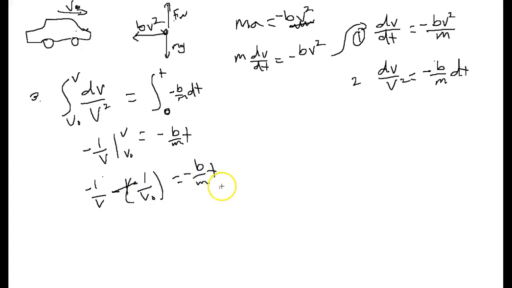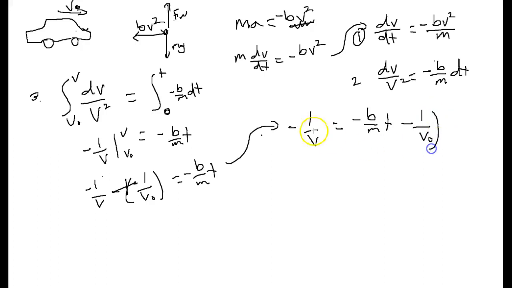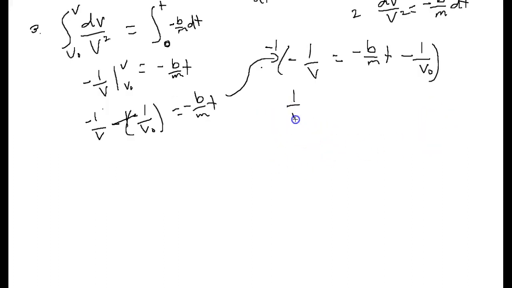So we'll subtract this over to the other side, and we get negative 1 over v equal to negative b over m t minus 1 over v naught. Because they all have a negative sign, we'll just multiply the whole thing by negative 1 to make that a little easier. 1 over v equals b over m t plus 1 over v naught.